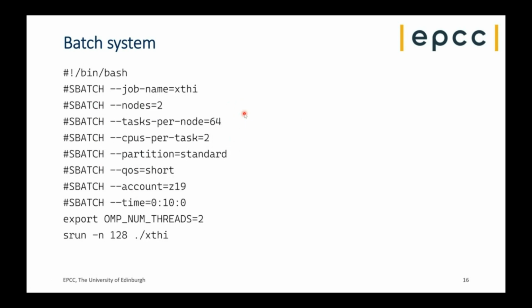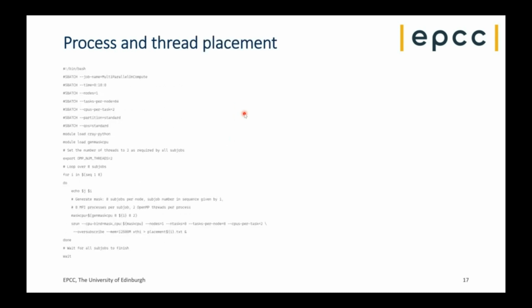And this can be important, particularly for scenarios where you're not using all the cores in the node. That's what you want to do if you're submitting different jobs, or if you're submitting a single job which is going to use all those cores.